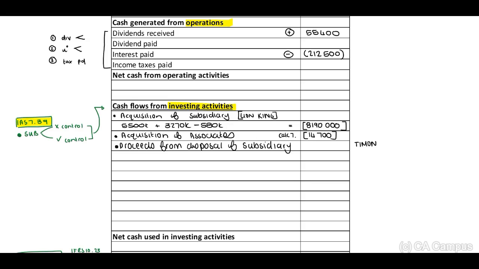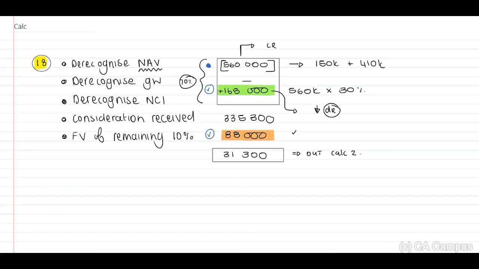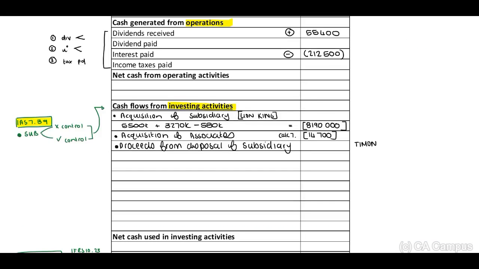Now, you will remember when we refer to our calculation, that in our calculation, we have identified that there is 335,300. This is our consideration. And our bank account included 88,500.